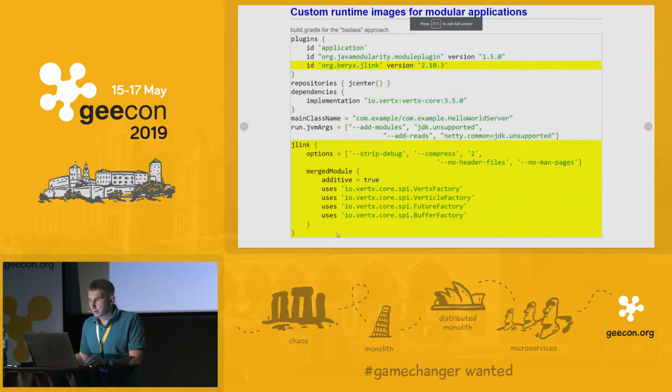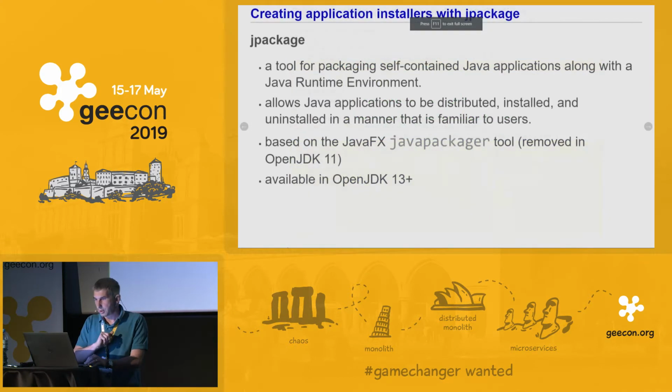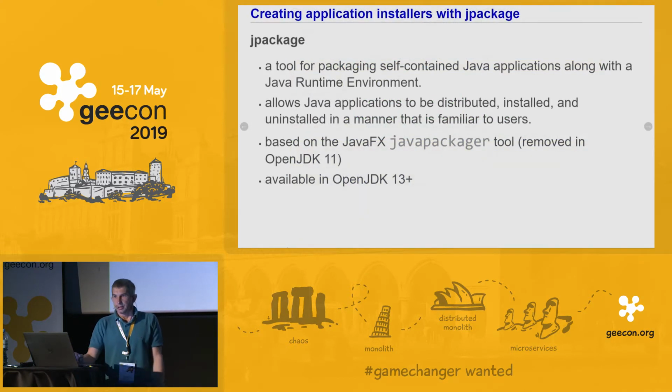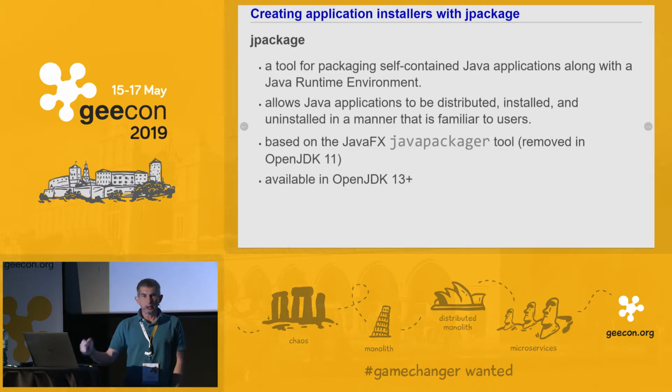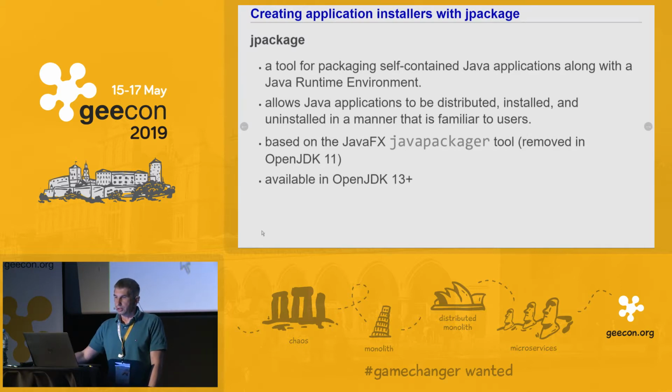Okay, now let's go further to another use case. Especially when you have an application with a graphical user interface, you may want to create an installer for this application. And this is possible using the jpackage tool introduced in Java 13.